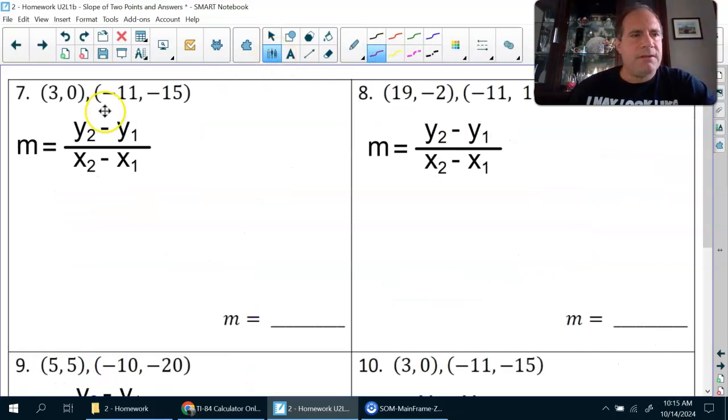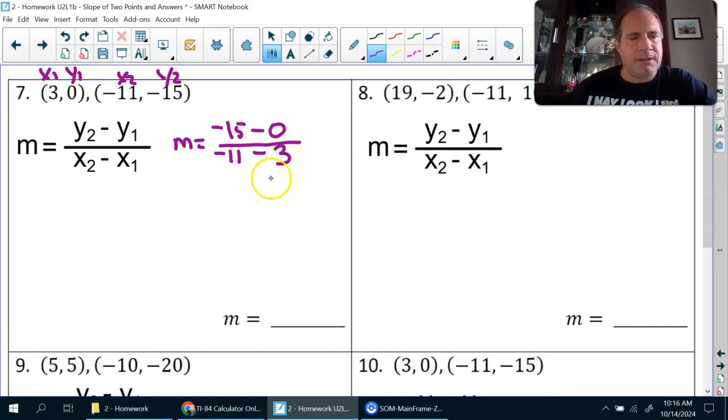Okay, for number 7, again, we're going to just set up the formula with the two minus signs from that formula, and then label x1, y1, x2, y2. And then so you have negative 15 minus 0 and negative 11 minus 3. You grab your calculator, put these numbers directly in, and press enter.